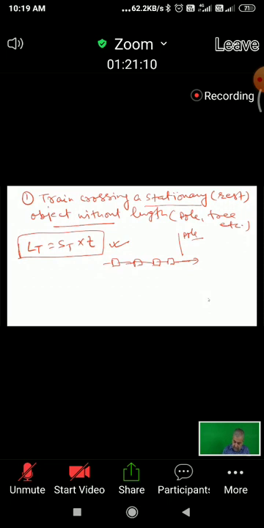Now the second possibility. Train crossing a stationary object with length.